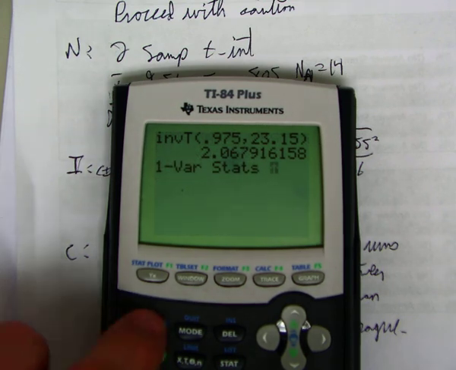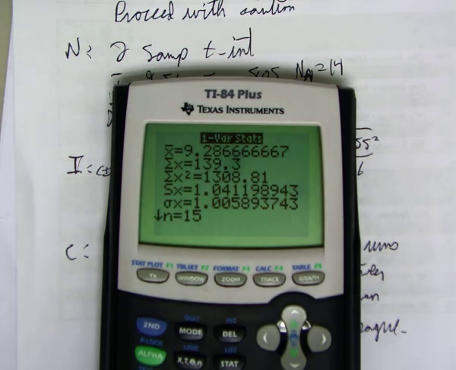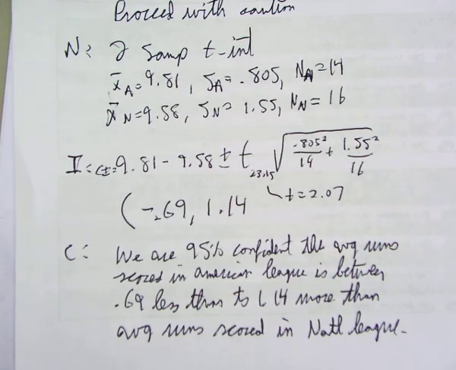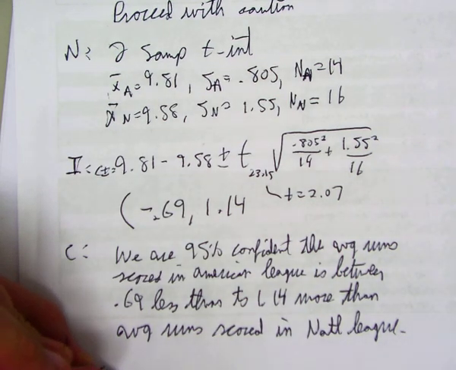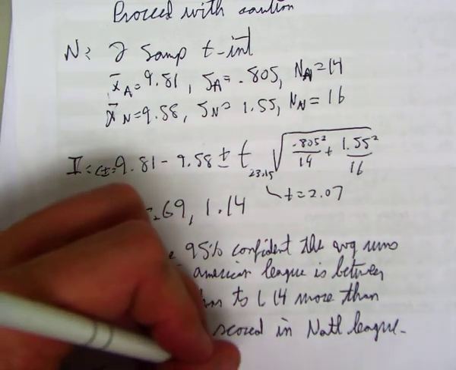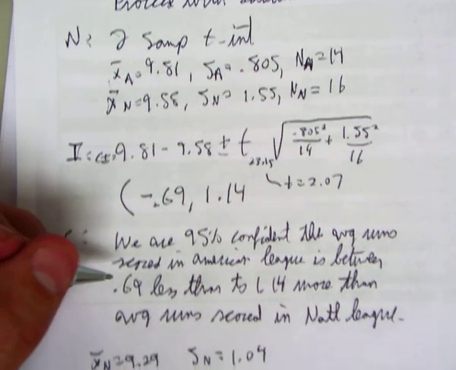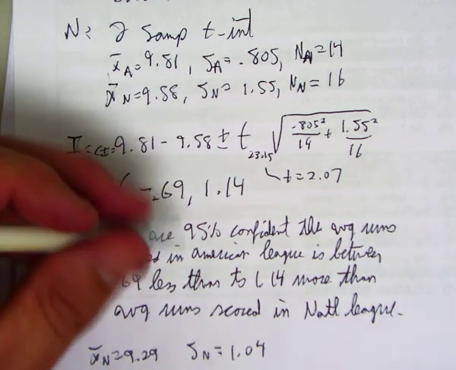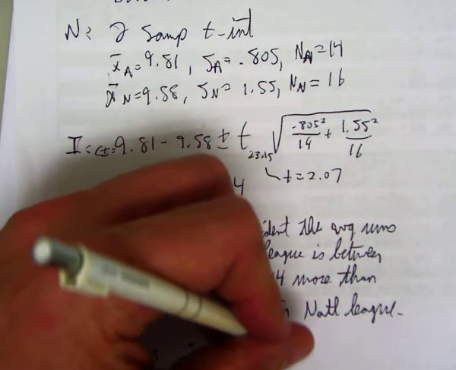So we're going to do 1-var stats of L2. And our new runs, x bar now for the National League is 9.29. Standard deviation for the National League is 1.04. A lot less variation, right? Went from 1.55 to 1.04, and now n is 15.